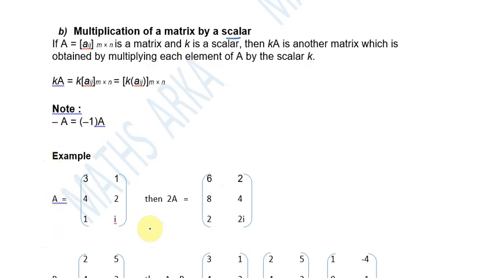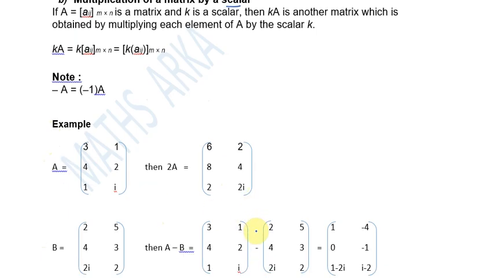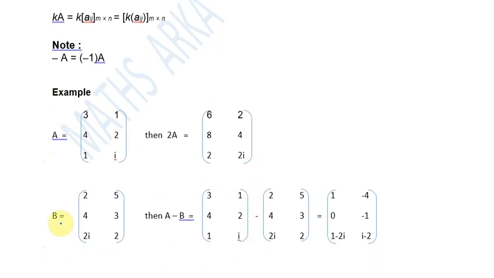Now let's take another example which is shown over here. B is also defined, and this is what B looks like. Then how do we do A minus B? Just as we did for addition, similarly we can do for subtraction as well. Subtraction means just check for the order. A and B both have 3 rows, so the order is 3 cross 2.